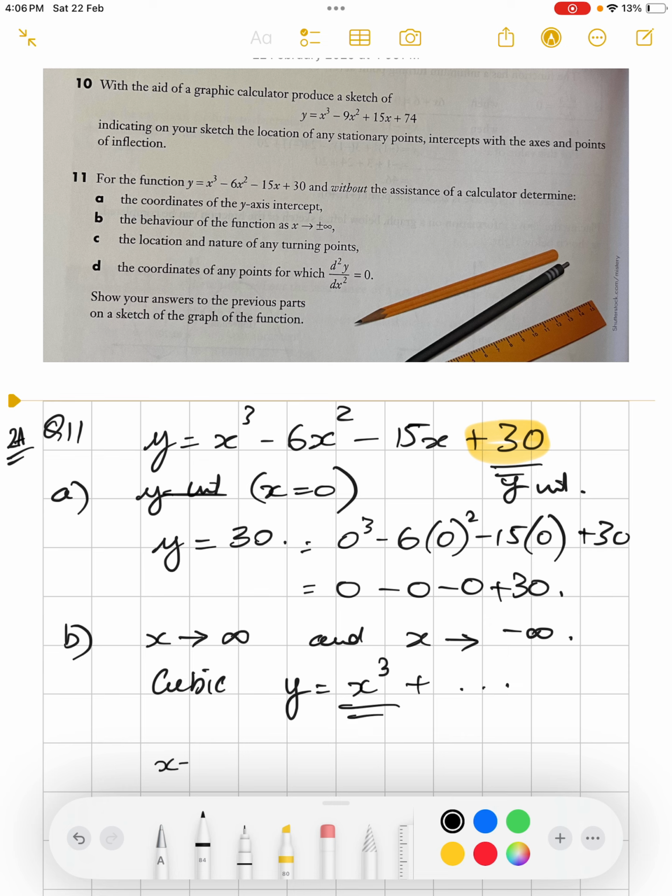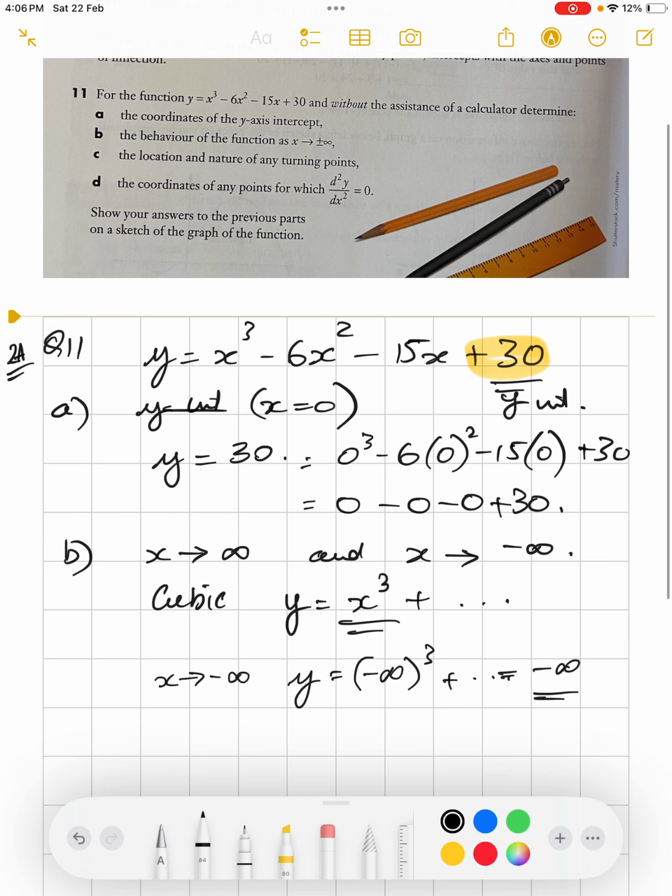When x is approaching negative infinity, we're going to have a negative infinity cubed, and that's going to be a very large negative value. So as x approaches negative infinity, y is going to be approaching negative infinity. So those go together.